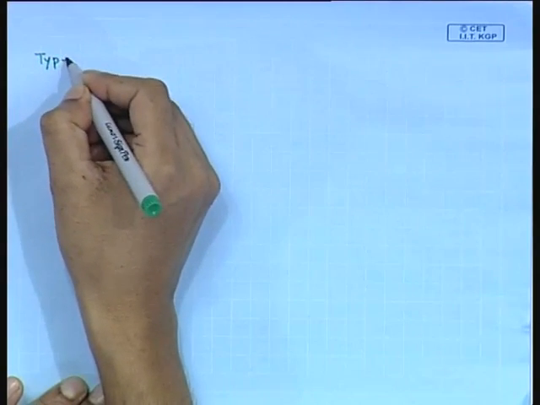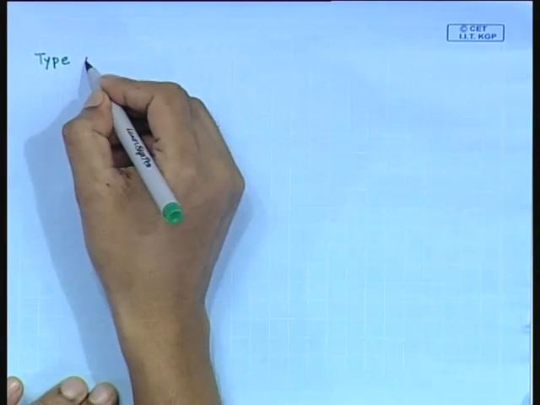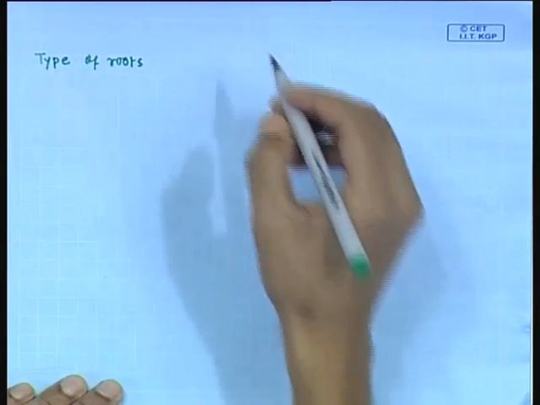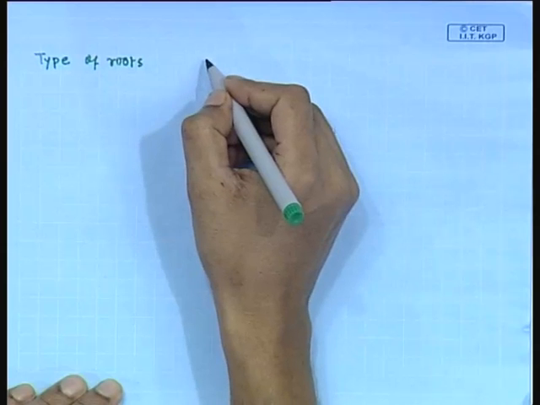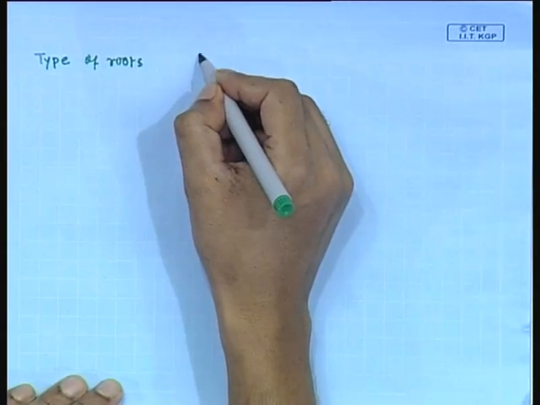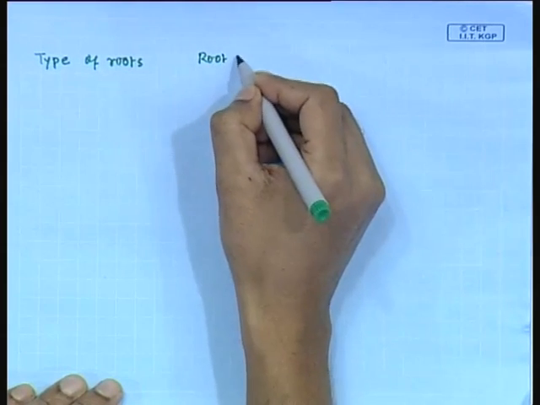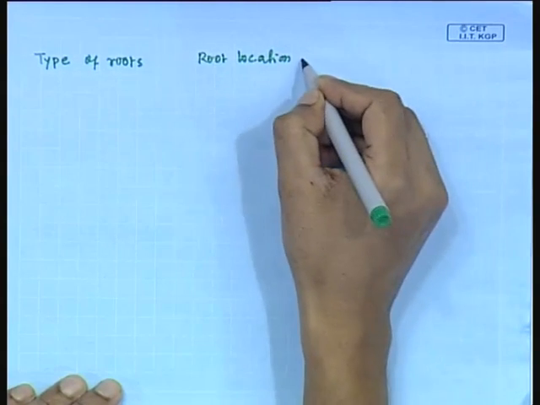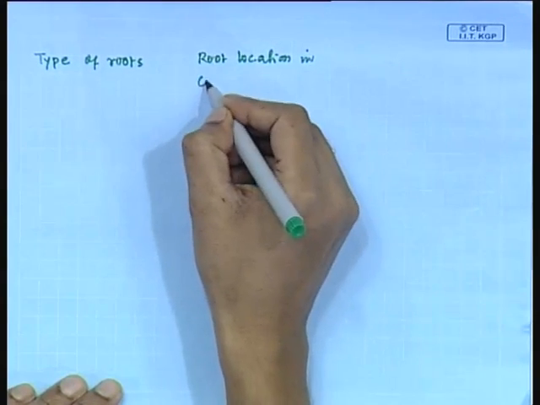First we will consider the type of roots, then what will be the corresponding root location in the complex plane.